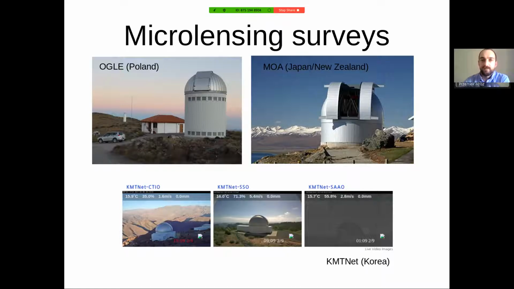Currently, there are three major microlensing surveys. These are OGLE, MOA, and KMTNet. And these experiments are dedicated to observing the galactic center and searching for gravitational microlensing events. So basically, they are finding about 2,000, 3,000 microlensing events every year.